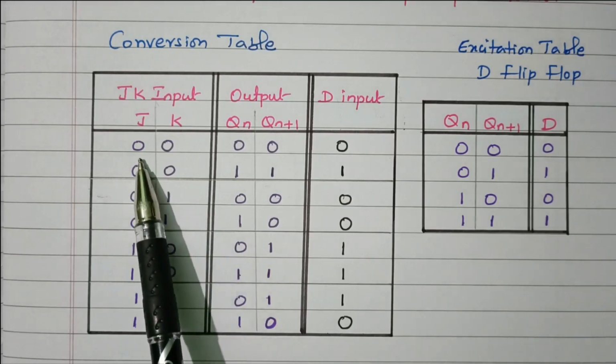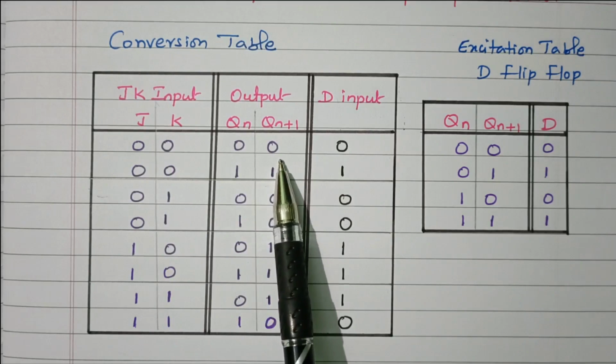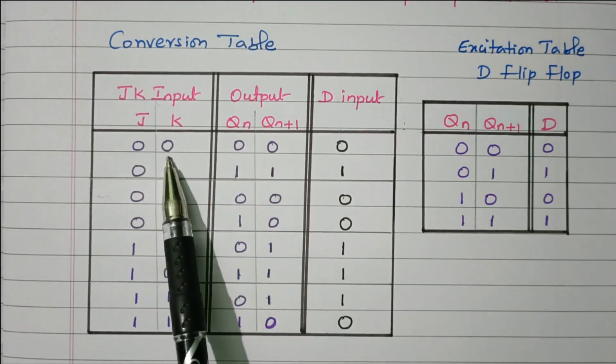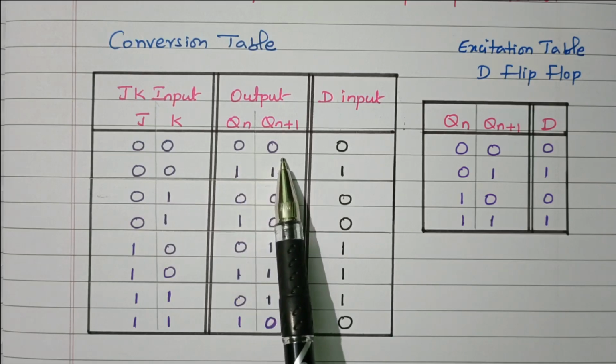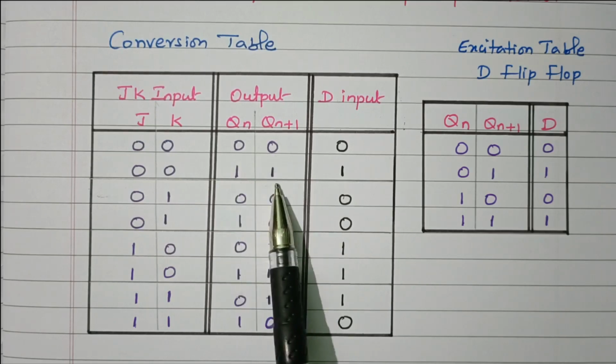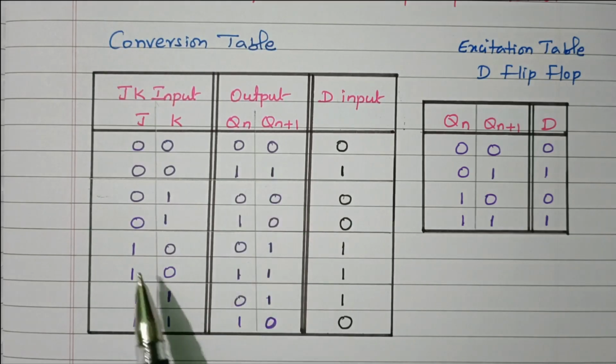Right? So J 0, K 0, and Qn also 0 means the next state is the same, no change. If J and K both are 0, it means no change in the next state output. 0 means 0, 1 means 1, no change. Present state and next state both are the same.